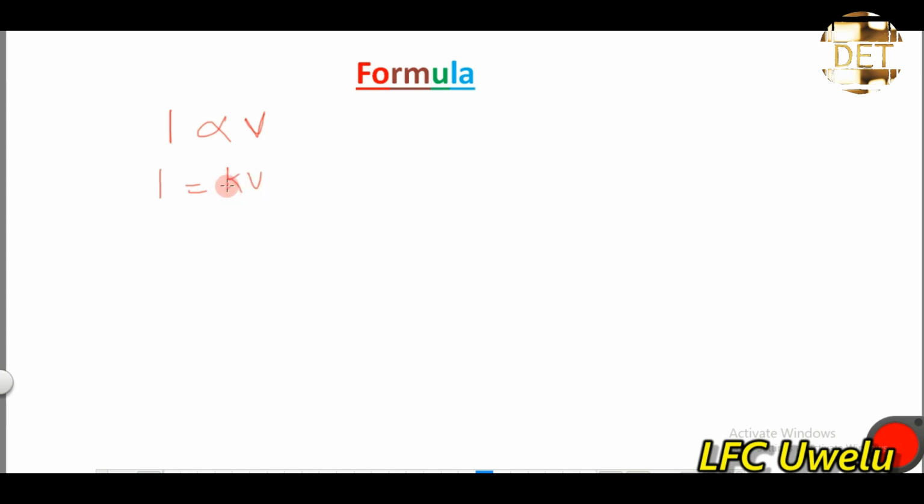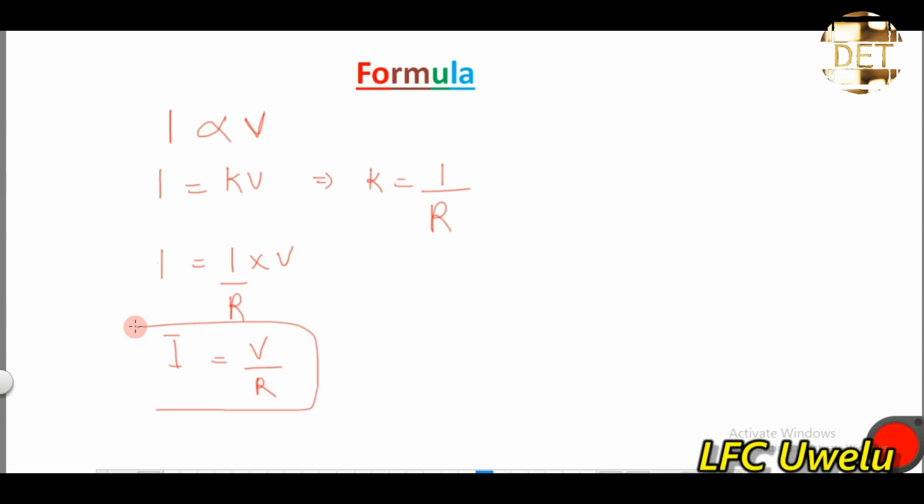So I is equal to kV, and K is equal to 1 all over R. If I put the value of K, which is 1 all over R, here, what I'm going to have is I is equal to 1 times V over R, because K is equal to 1 over R. So 1 times V will give us V. So this will be I is equal to V all over R. This formula is very important, and it is derived from Ohm's law.